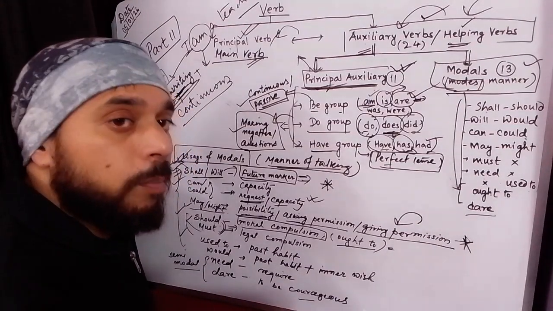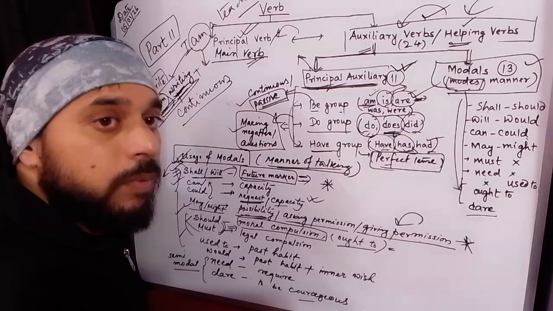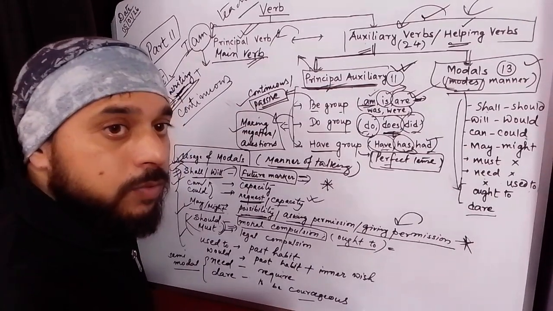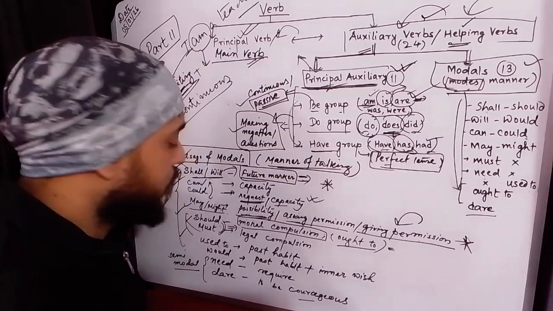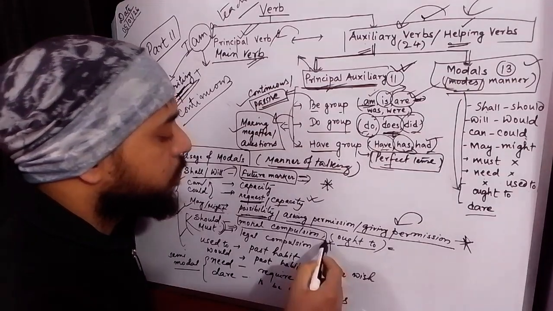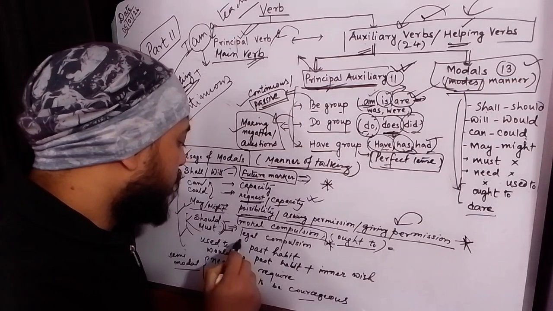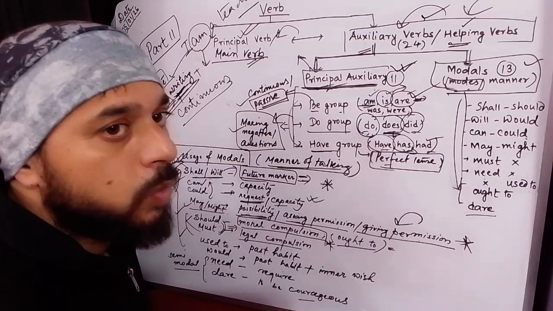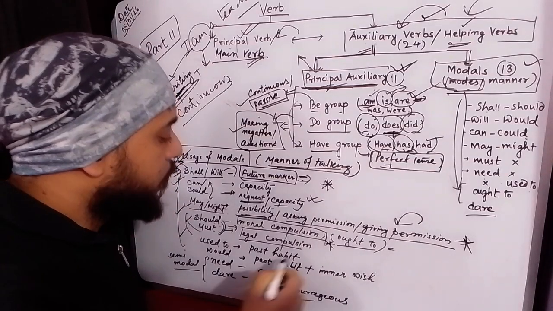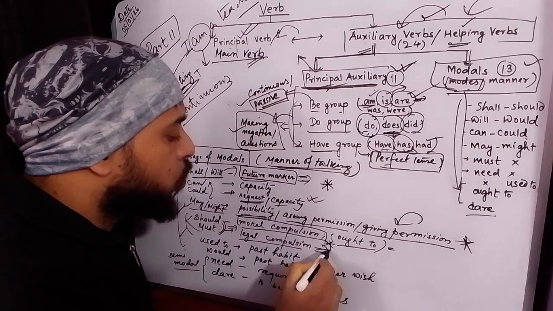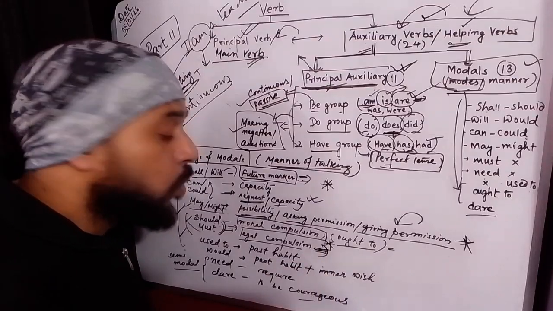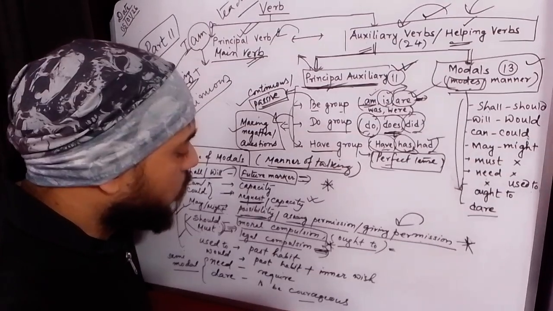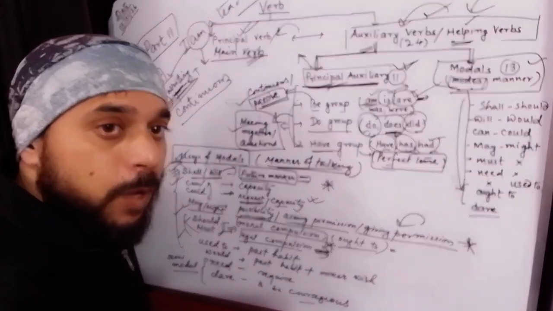You should obey your parents. It's not like police will come down to you and arrest you if you don't obey your parents. It's a moral compulsion. But in case of must, it's legal compulsion. You must obey the rules of the institutions. That means if you don't obey the rules, you will be punished. You will be taken to the authority.